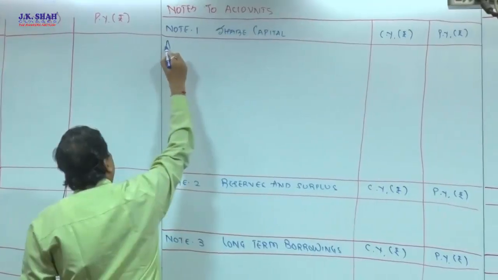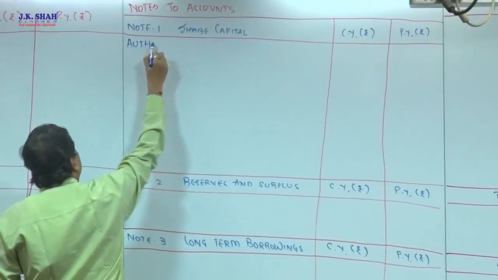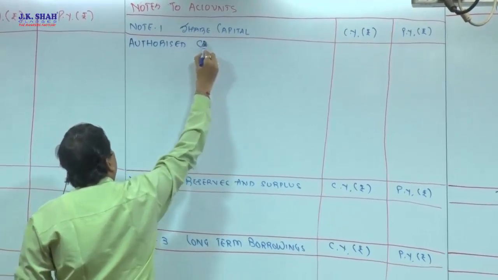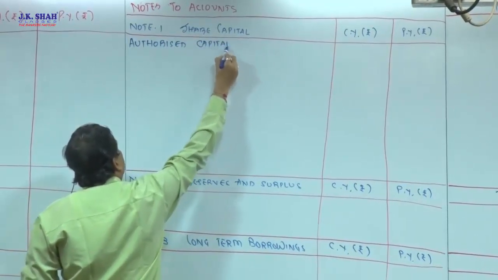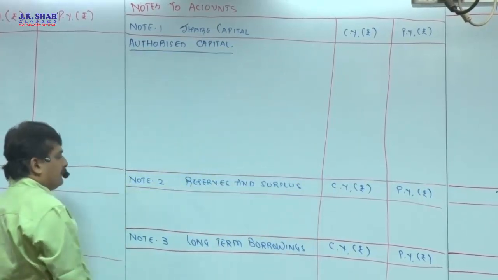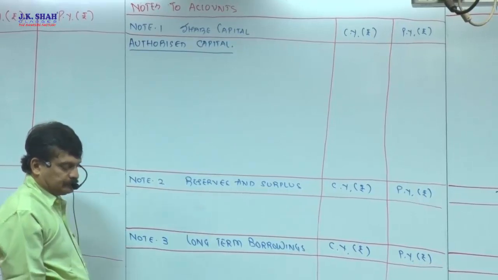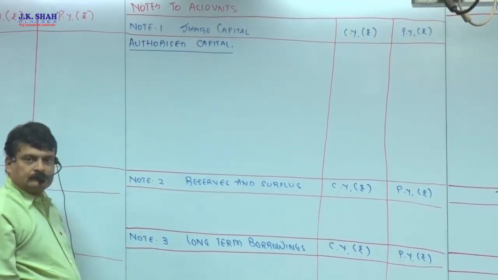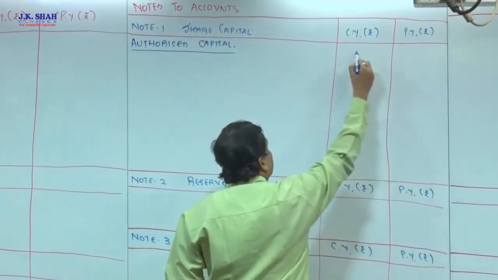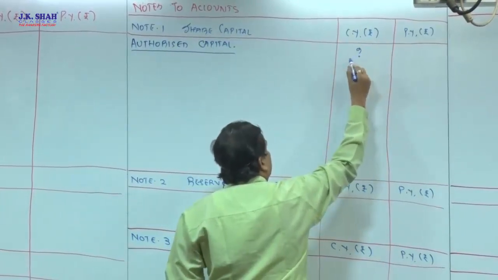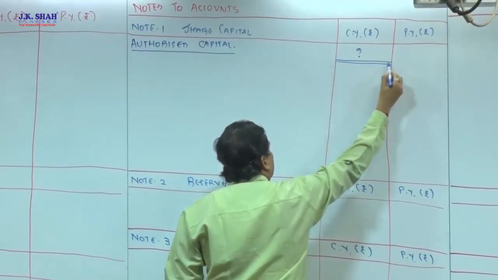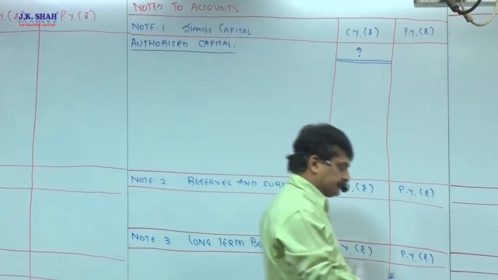The first disclosure is you must always write first line authorized capital. Question is not giving you amount of authorized capital. So in current year column, question mark and 2 underlines.